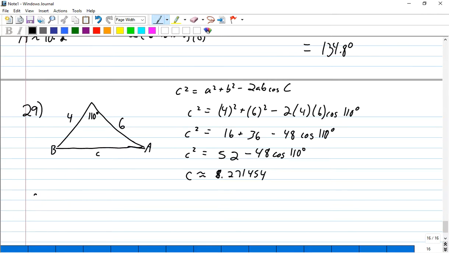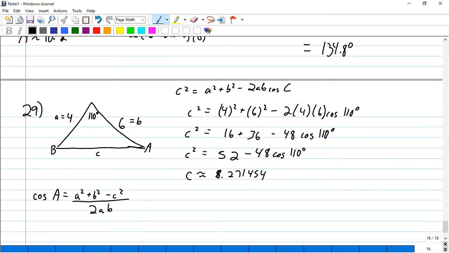So I'll solve for A. The cosine of A, in your formula sheet, equals A squared plus B squared minus C squared all over 2AB. Remember that's A there, that's B there, and we've already solved for C.